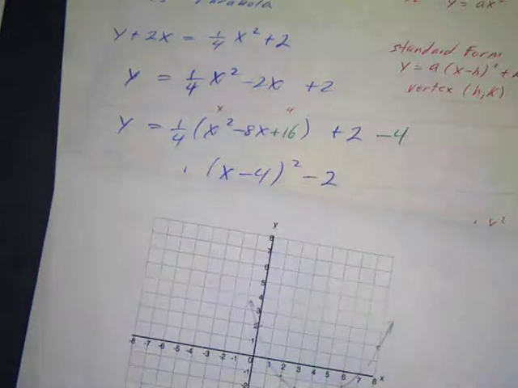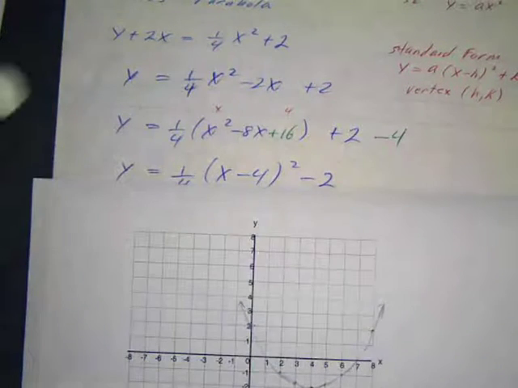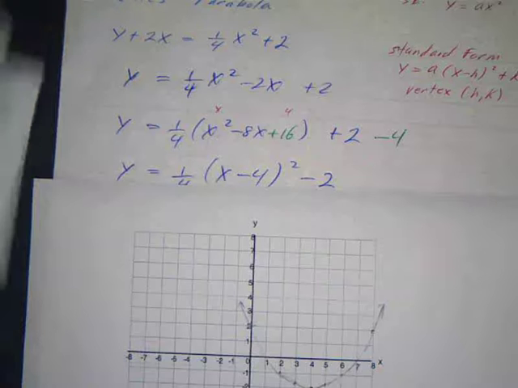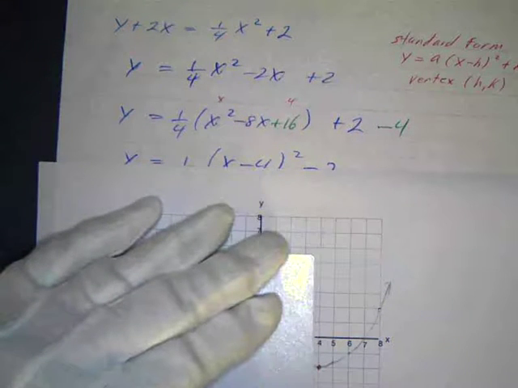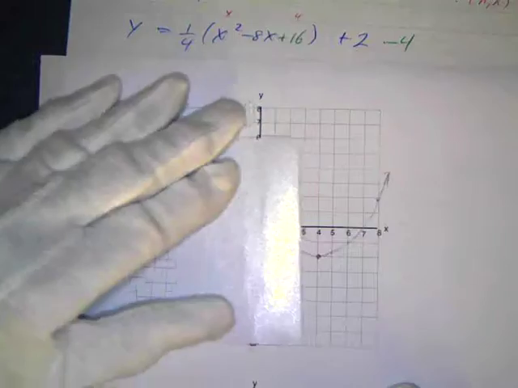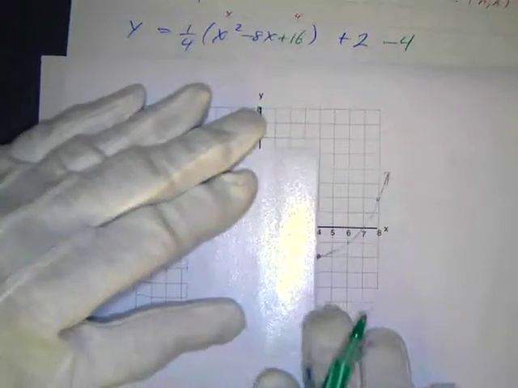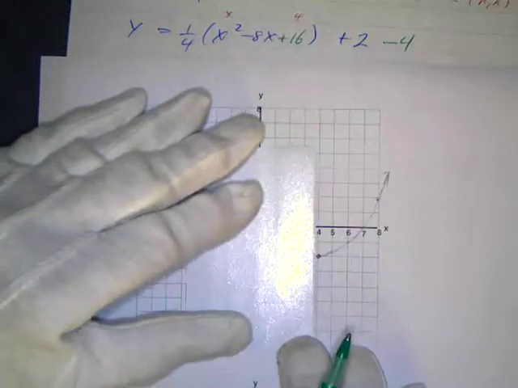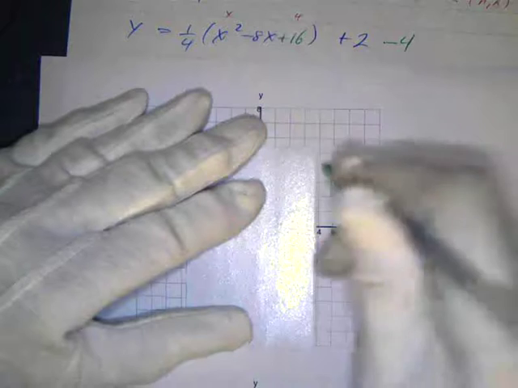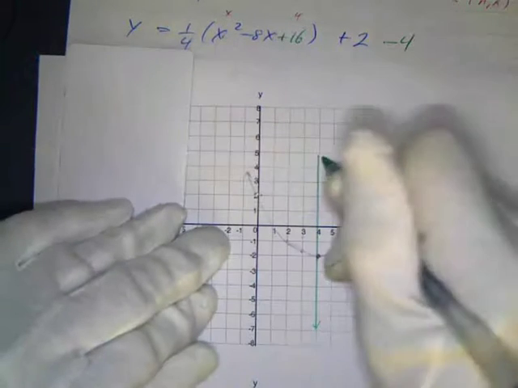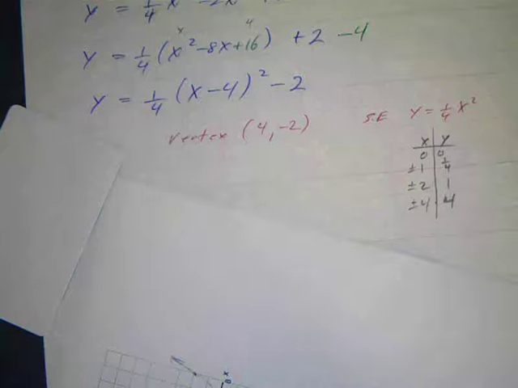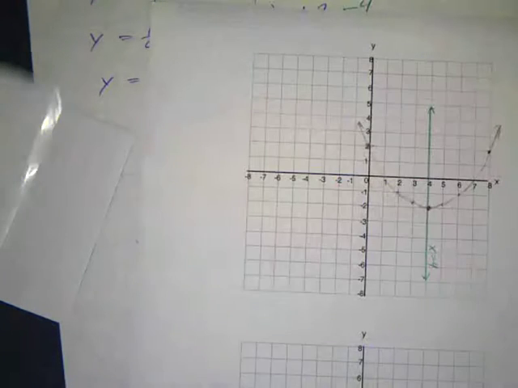That's going to be just x equals, because it's a vertical line, x equals 4. So there's your axis of symmetry.